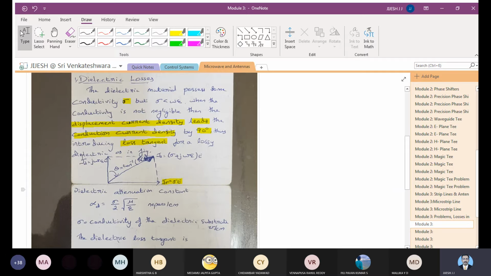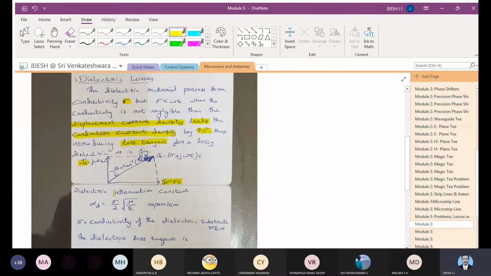The displacement current density is represented as JD. This JD is going to lead J sigma by 90 degrees. That's what the diagram shows. JD is j omega epsilon E, and J sigma is sigma E.